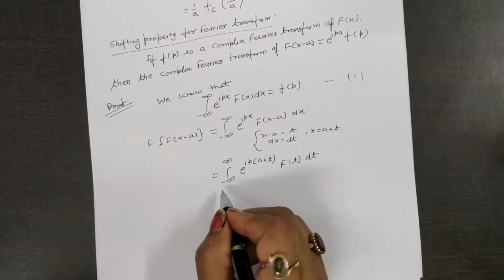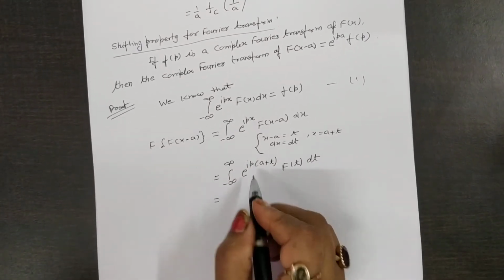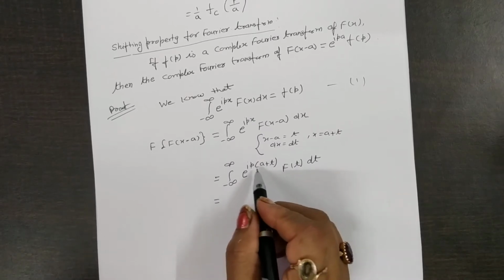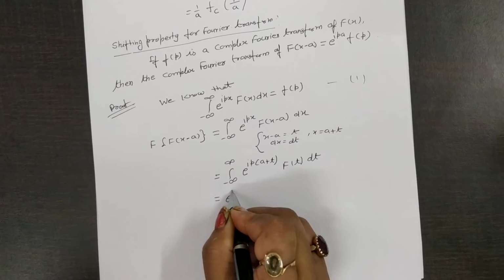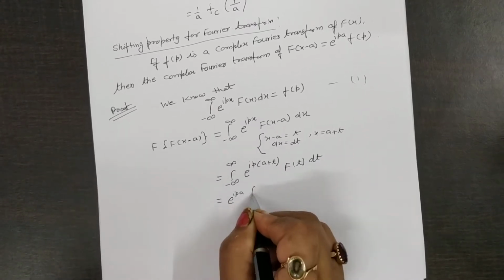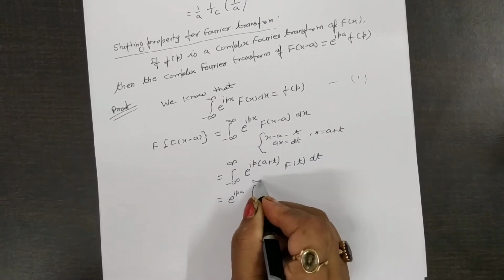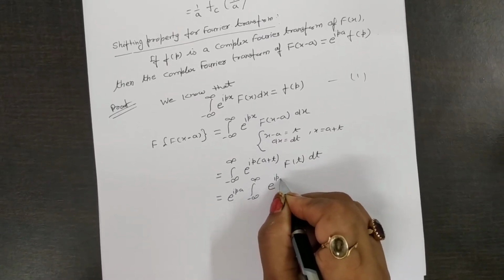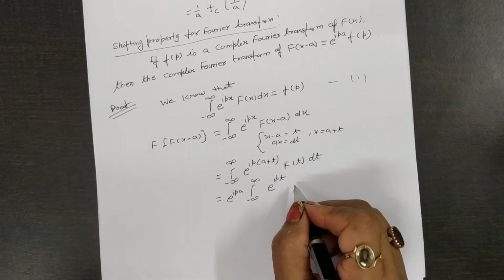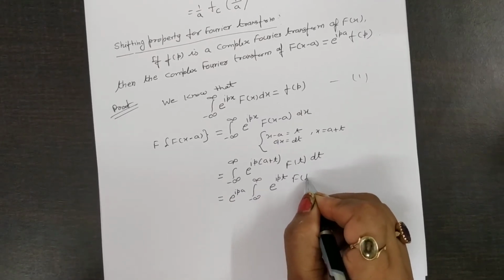Taking the constant term out, this is e to the power ipa times the integral from minus infinity to infinity of e to the power ipt f(t) dt.